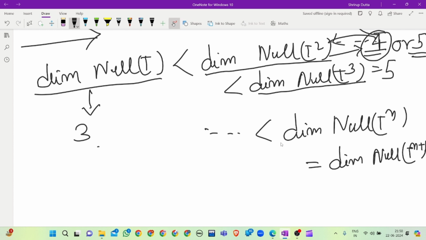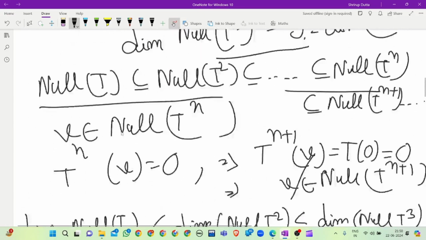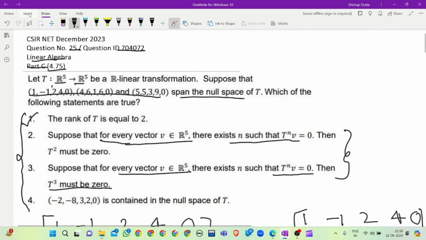So for all v belonging to R to the power 5, T cube of v must be 0, since this is a 5-dimensional vector space and dimension of null of T cube is 5, and dimension of null of T squared may be 4. So option 2 says T squared must be 0.